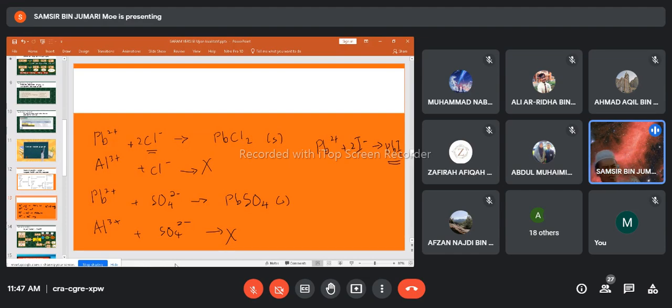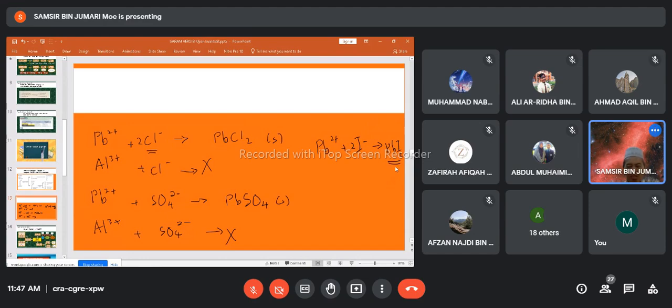Any difference in observation can be used to distinguish between lead(II) ion and aluminium ion. Jadi tadi satu larutan kita telah guna potassium iodide solution. Potassium iodide solution consists of iodide ion, so the iodide ion can react with lead(II) ion to form yellow precipitate of lead(II) iodide, whereas the aluminium ion cannot form the precipitate.